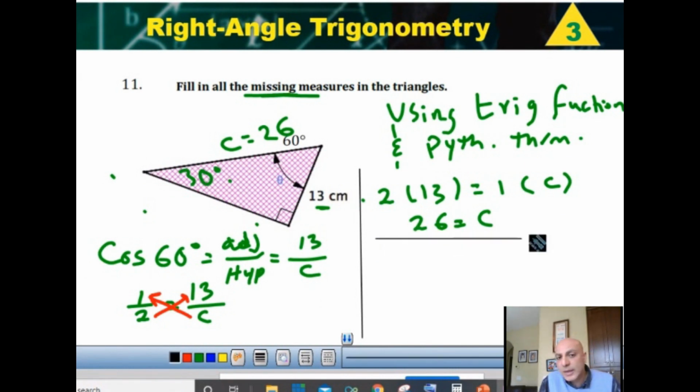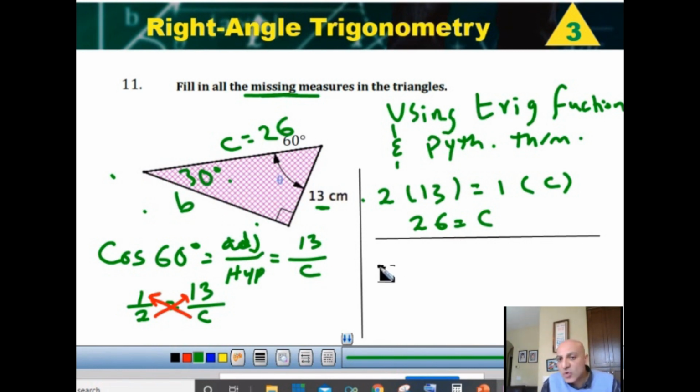Now give me in the chat what you want to call this side, B, A, T, V, whatever you want to call it. Somebody has B, okay, let's have a B. I want to find B. Let me pause a second and have you work this out.